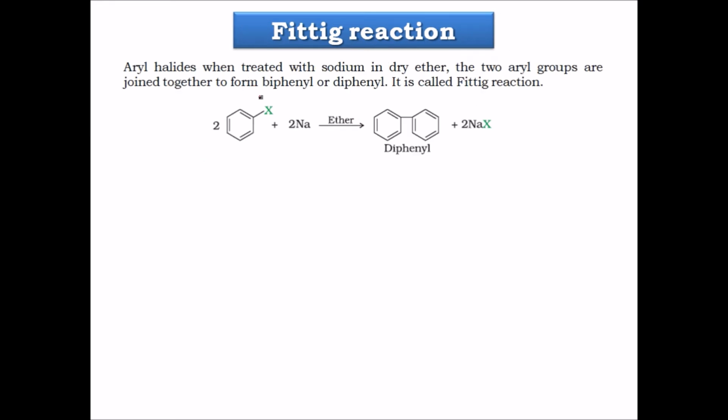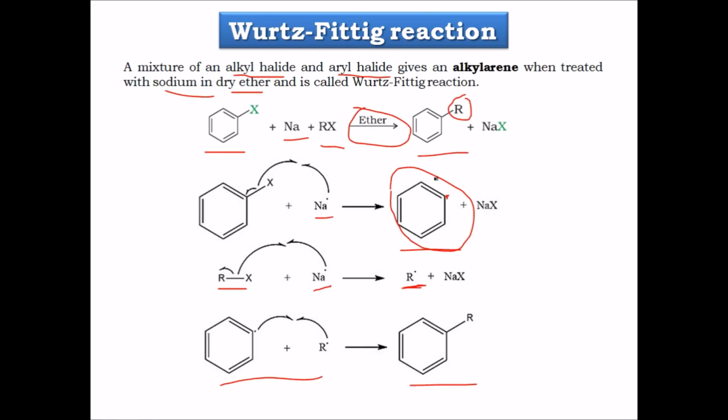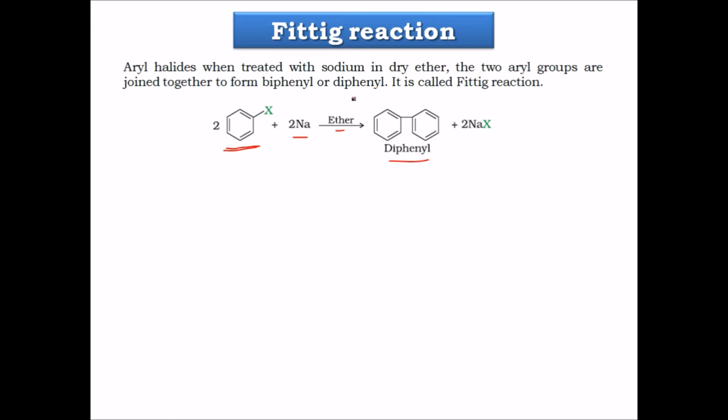The next reaction is the Fittig reaction. In the Fittig reaction, 2 moles of aryl halide react with sodium in the presence of dry ether, resulting in the formation of diphenyl. In the mechanism, again the same: in the previous one you got 1 phenyl free radical and 1 alkyl free radical, but in this one you get 2 phenyl free radicals from the aryl halide, and those phenyl free radicals join to form biphenyl.